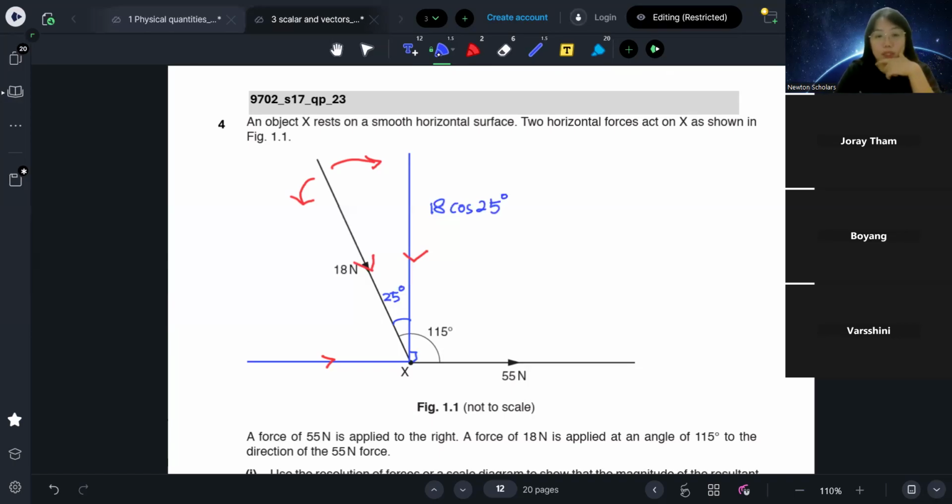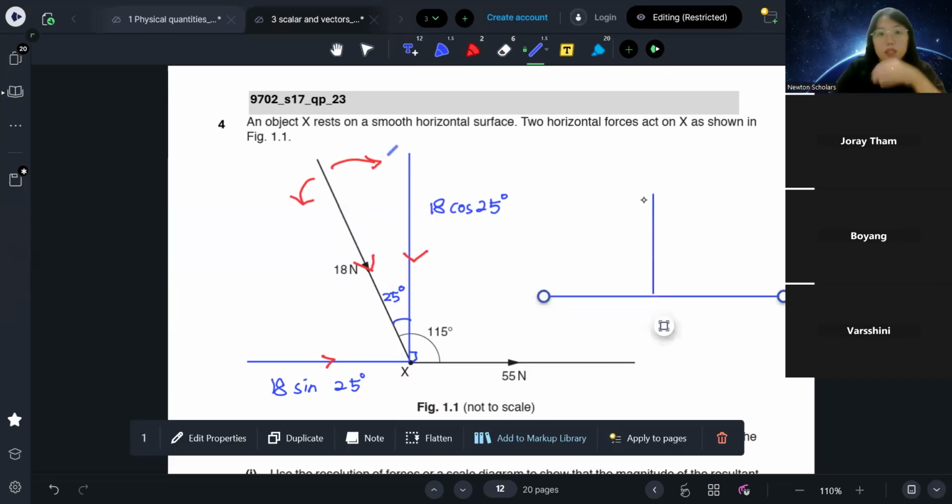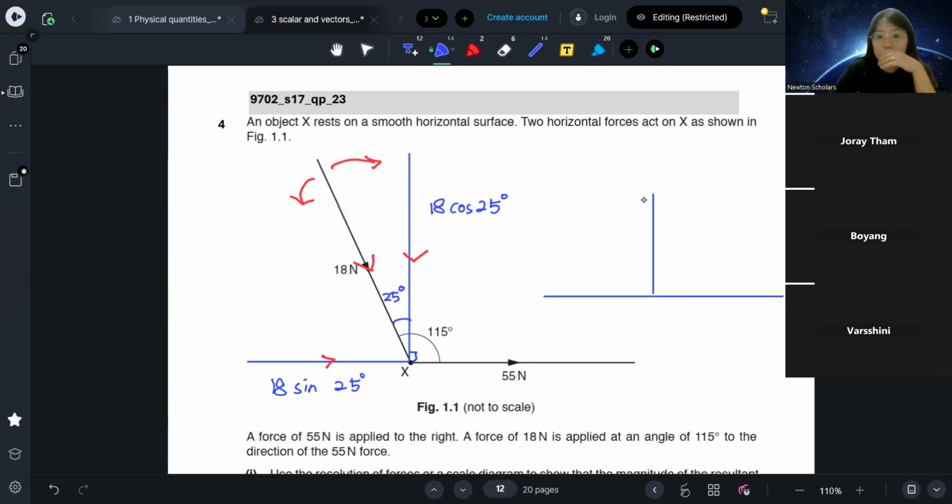How about this one? This one should be 18 sine 25. After we solve it, I can roughly sketch it out. It will be like this. This one pointing down, this one going here, this one going here.